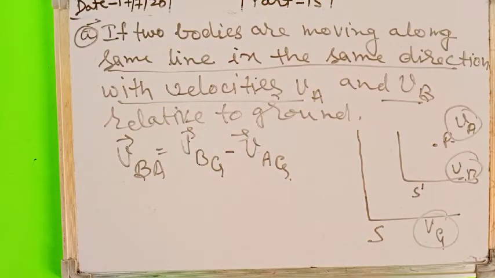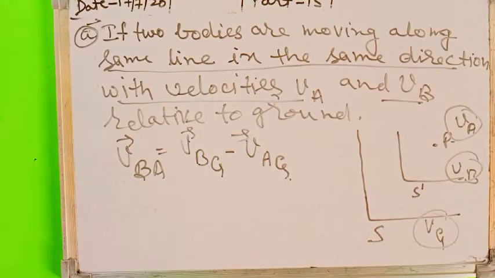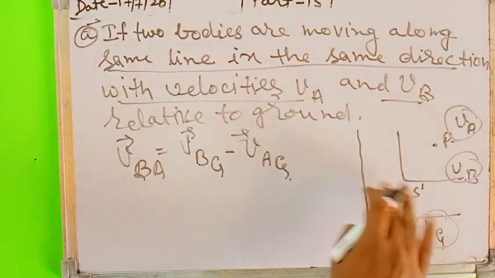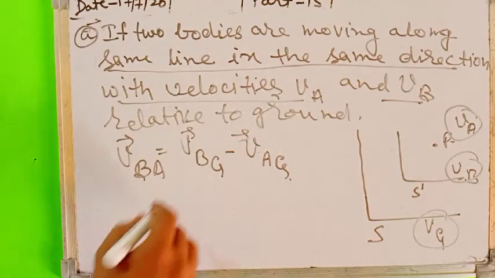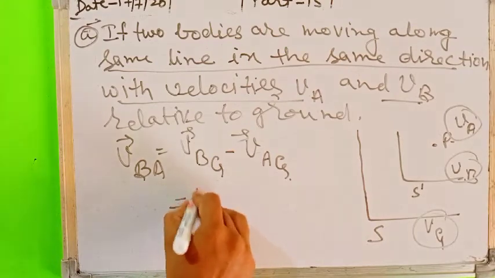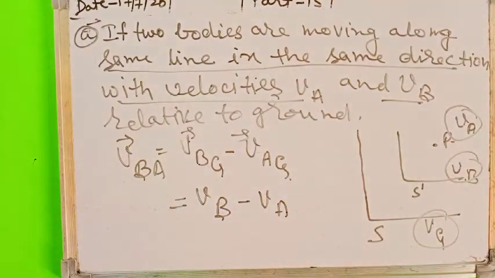I had related this to the previous concept I had explained, on the basis of frame of reference. So we can write it as velocity of B minus velocity of A.